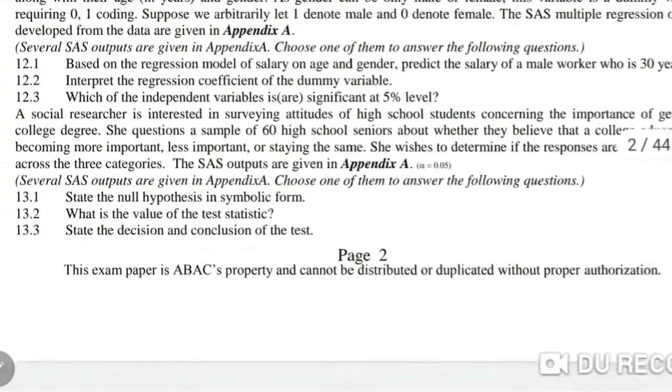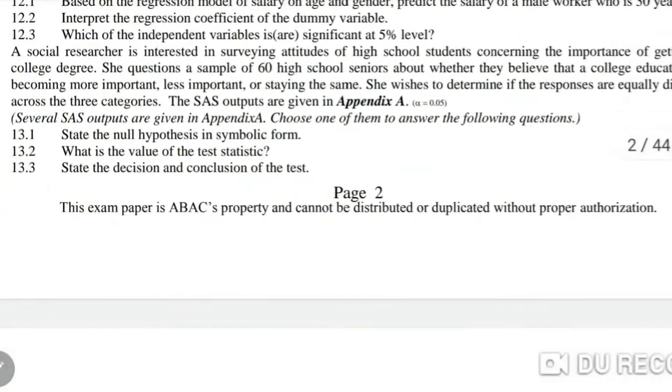Topic 2. A social researcher is interested in surveying attitudes of high school students. Okay, psychometric measurement concerning the importance of getting a college degree.